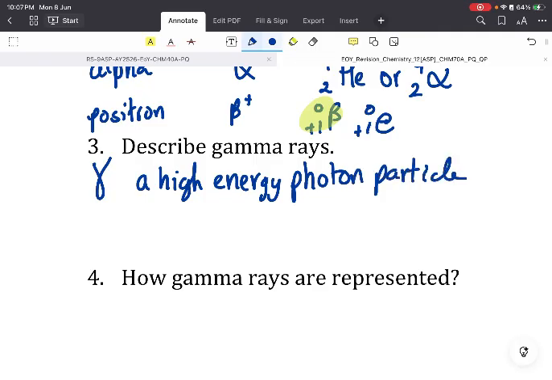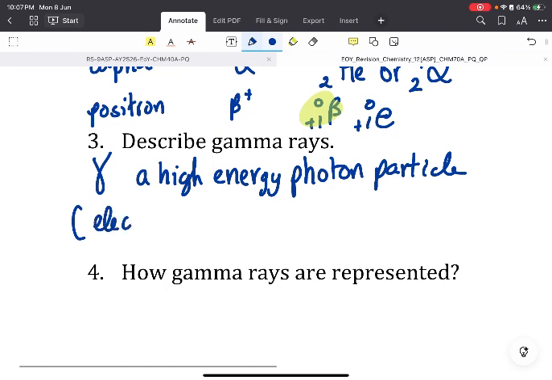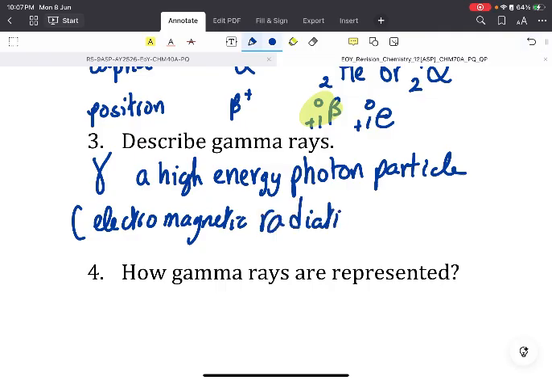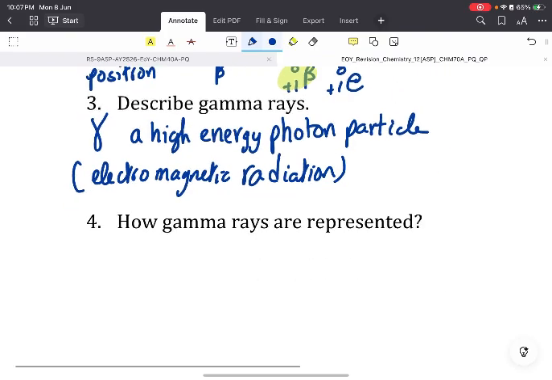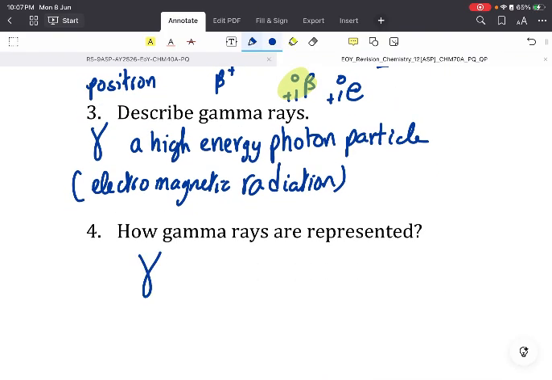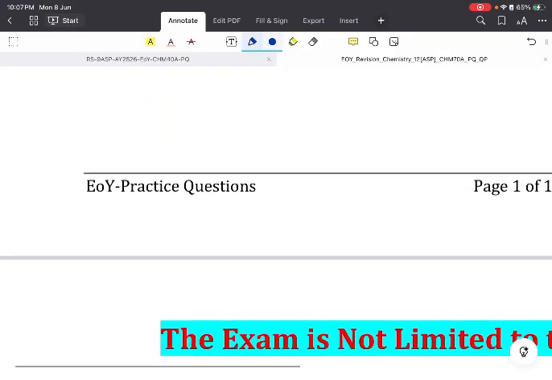It's a type of energy. So it's a high energy photon particle, and it's electromagnetic. It's an electromagnetic type of radiation. How gamma rays are represented, the nuclear symbol of gamma rays is gamma 0 and 0. So 0 atomic mass and 0 atomic number.